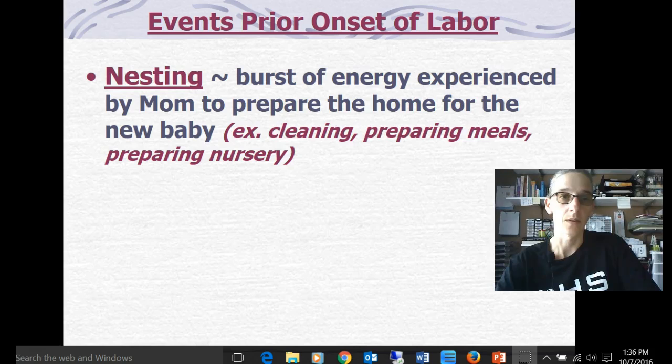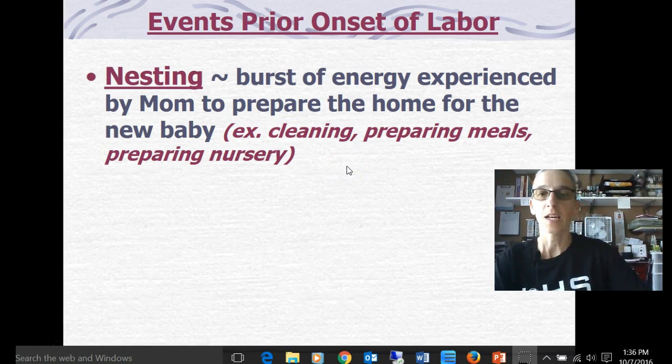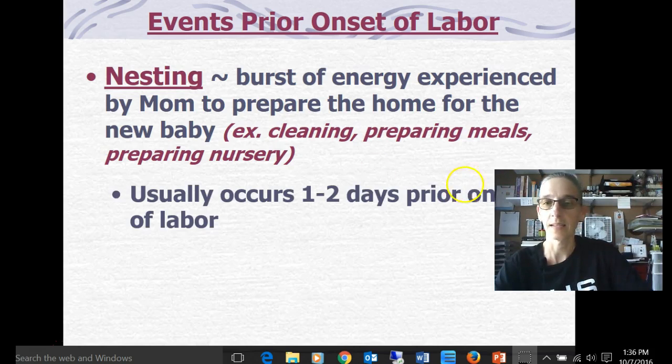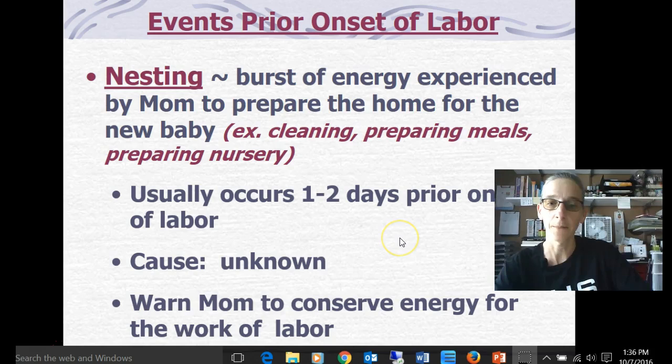All right. Other events, the second one is nesting. Nesting is when you get this burst of energy experienced by the mom to prepare the home for the new baby. So you'll hear about these people cleaning, preparing multiple meals, preparing the nursery, getting things prepared for the baby. It usually occurs 1 to 2 days prior to the onset of labor. The cause is unknown.